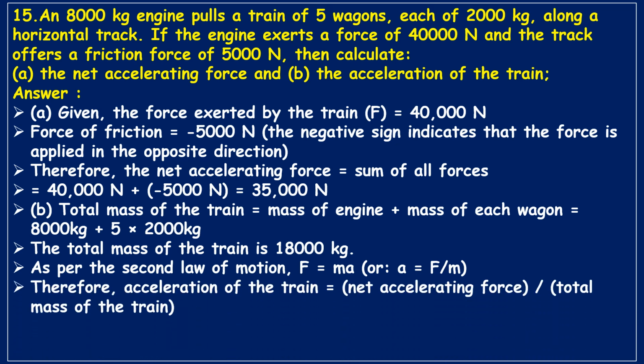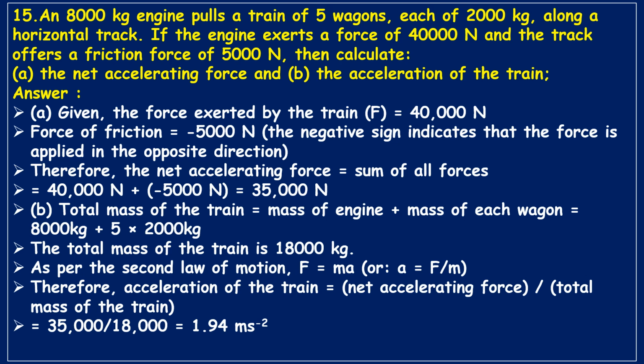Therefore, the acceleration of the train is equal to the net accelerating force upon the total mass of the train. So the net accelerating force is 35,000 newtons upon 18,000 kgs of mass. That gives you around 1.94 meter per second square.